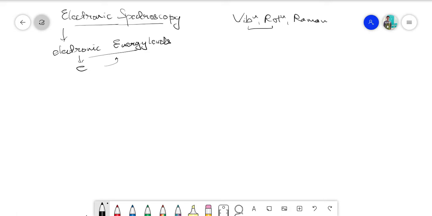So for an atom, when we study electronic spectroscopy, it is known as atomic spectroscopy. As in the case of hydrogen, it has lines like Lyman, Balmer, Paschen, all those things which you have read in your high school. But in case of molecules, that is what we are going to study in this lecture. Molecules also have their specific energy levels.